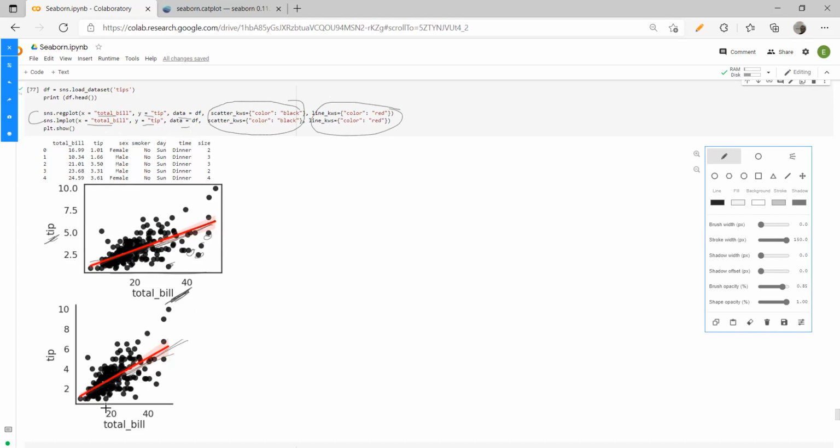We are also showing that there is a linear relation: as the bill increases, the tip also increases. But there are obviously people with a $40+ bill giving just a $2 tip, and people with a $20 bill giving a $7 tip.